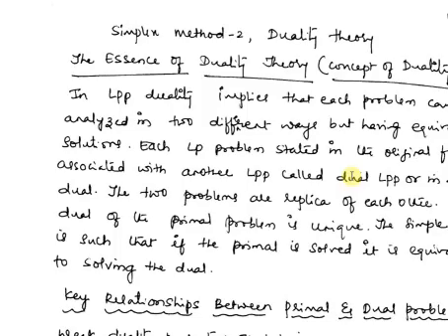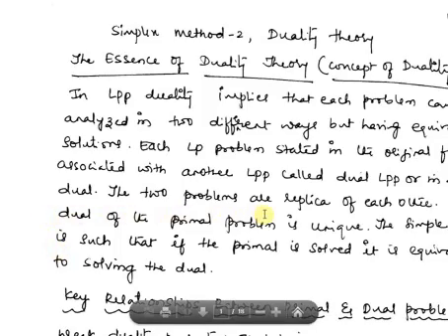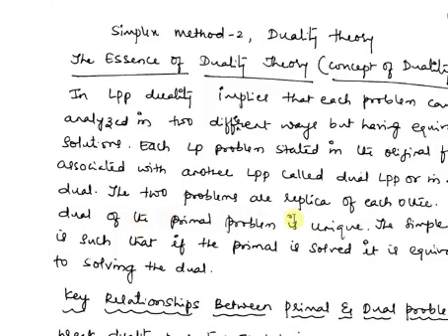There is no other substitution for 5 multiplied by 3 to be equal to 15, right? So that is what the duality of a problem is. The simplex method is such that if the primal is solved, it is equivalent to solving the dual. So once you solve the primal problem, it is equivalent to solving the dual problem.